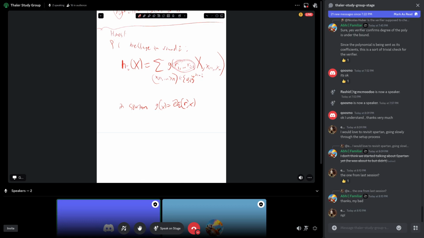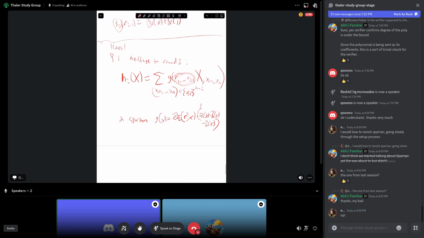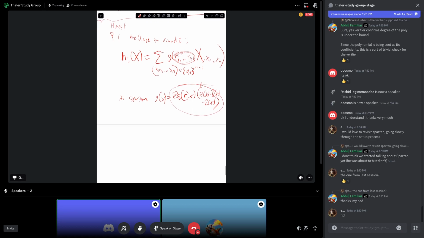For the moment, let's just treat g as a black box, some low-degree polynomial, and then I'll say more for this particular g used in Spartan.